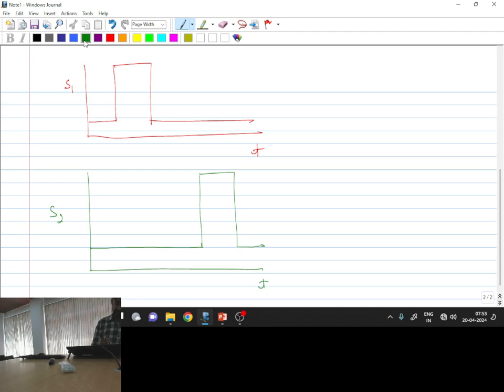Now let's assume that in between these two points you have tau star as the time difference. That is the phase difference. Now let's do one thing. I will multiply signals S1(t) and S2(t plus tau). But what is the exact value of tau? That I have not yet decided.